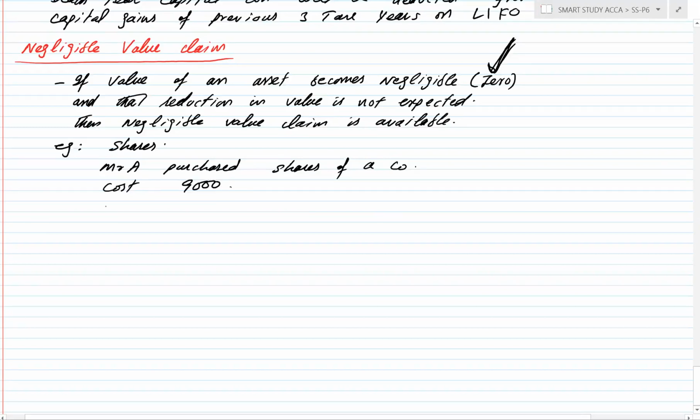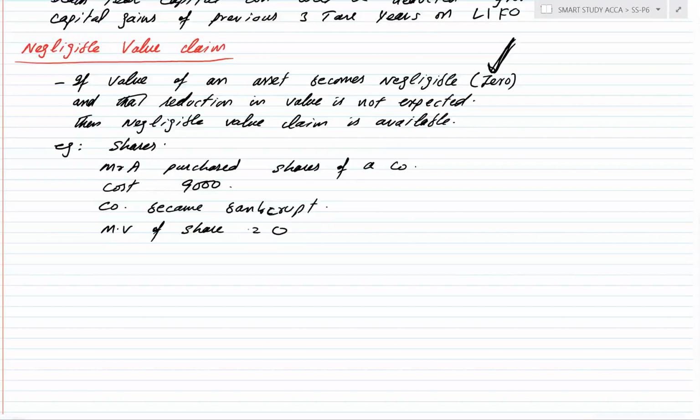The company becomes bankrupt. You can check the spellings. So due to bankruptcy, the market value of the shares becomes zero. Now you can claim a negligible value claim.